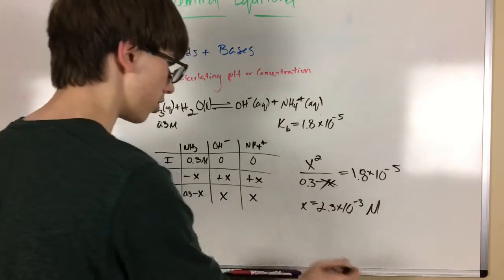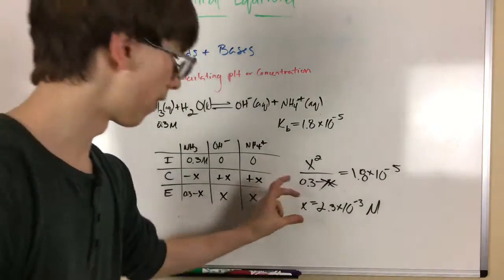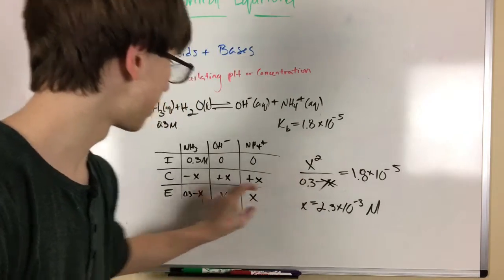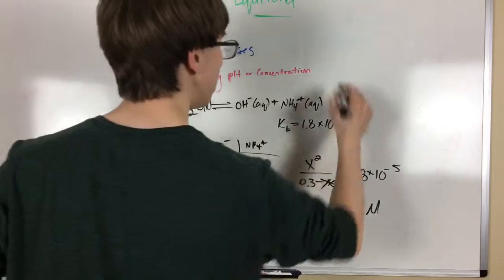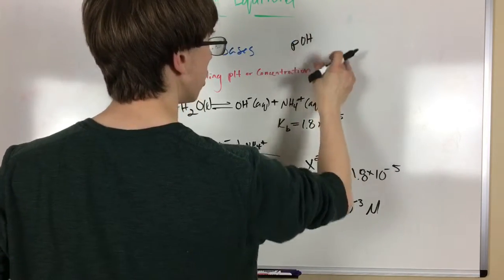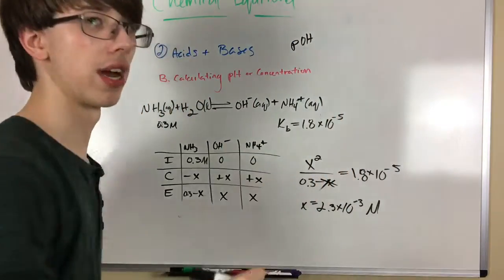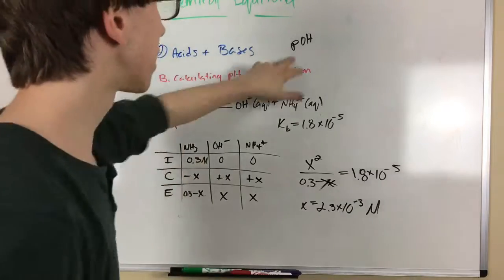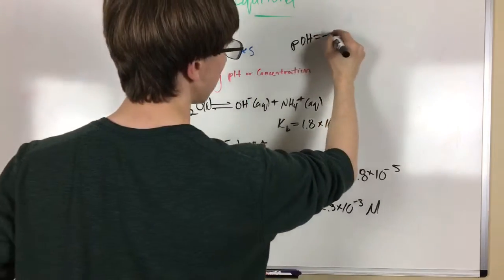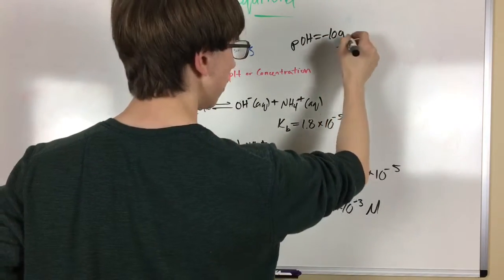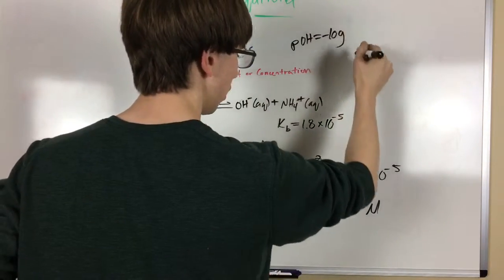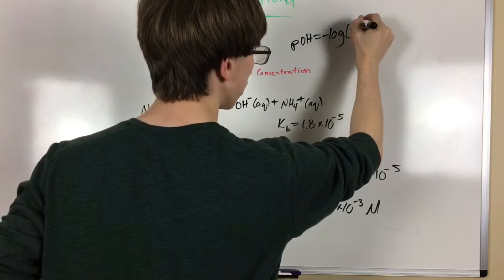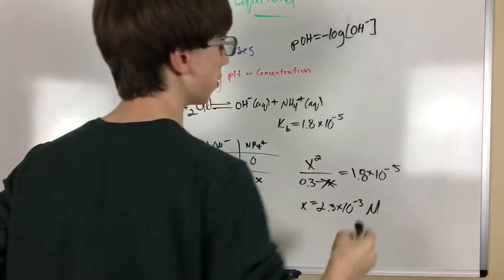And so now that we know our value of x, which is essentially the same thing as the concentration of hydroxide, this is important because we can calculate what is known as the pOH, which is just the potential of hydroxide in the solution. The pOH is the negative log, base 10, of the concentration of hydroxide in the solution.